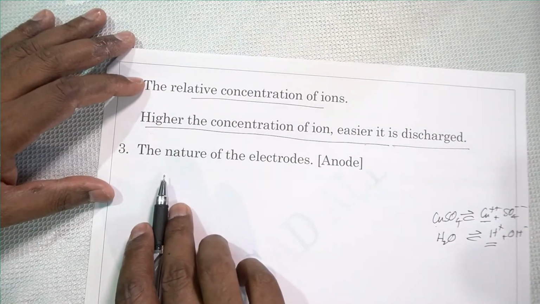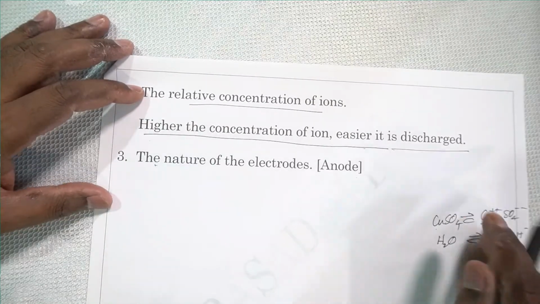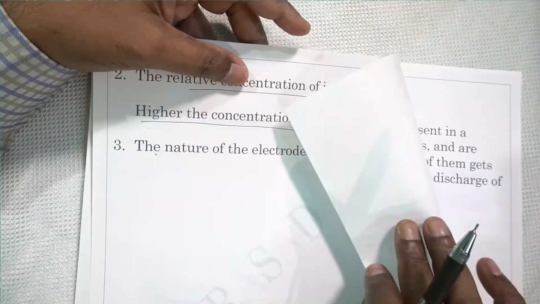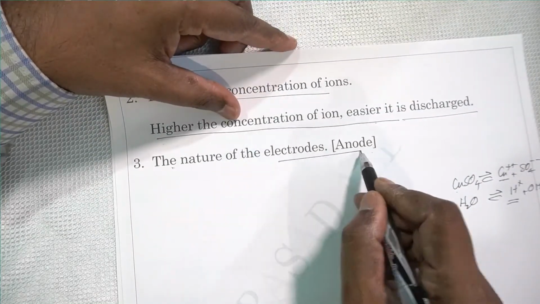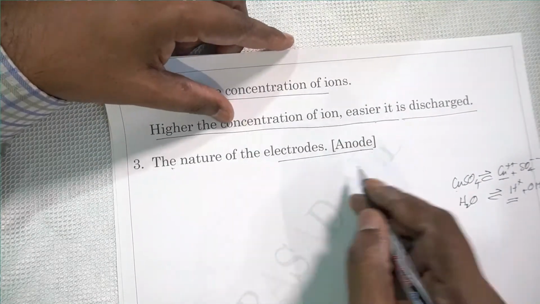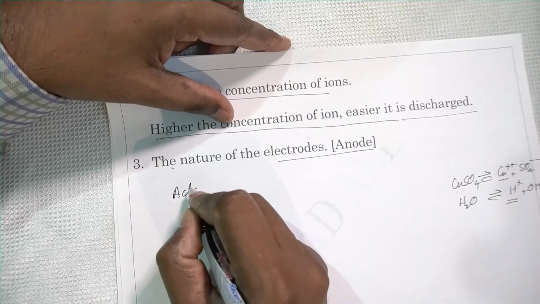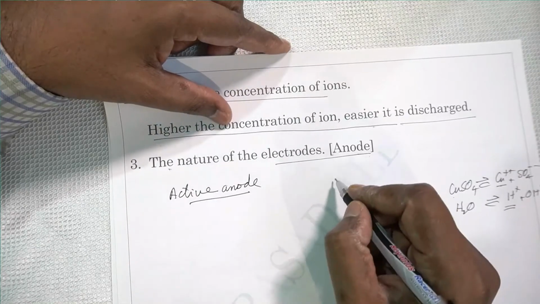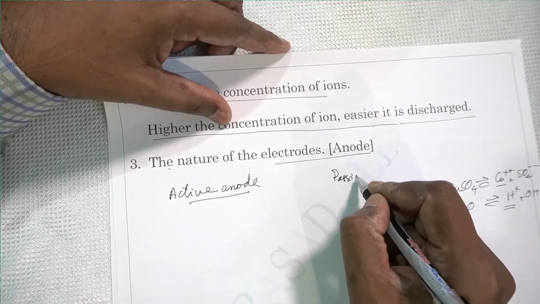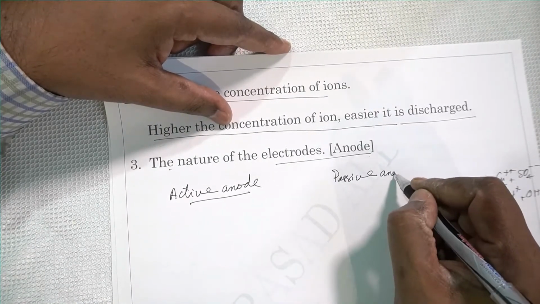Now the third is the nature of the electrode. This applies only to anions. There are two types of anode. One is called the active anode. We have already discussed all this. The other one is passive anode or inactive anode.